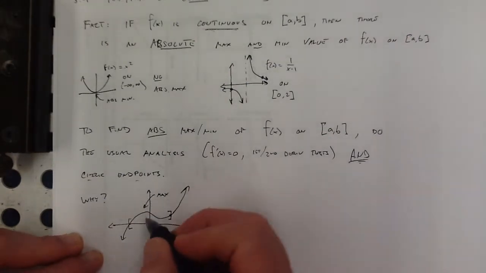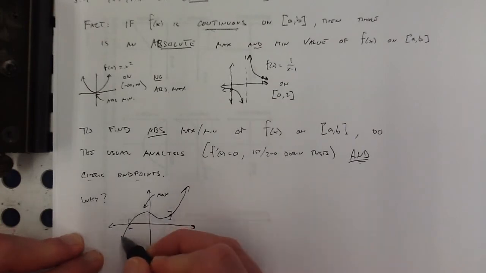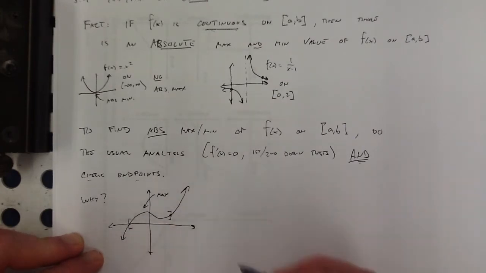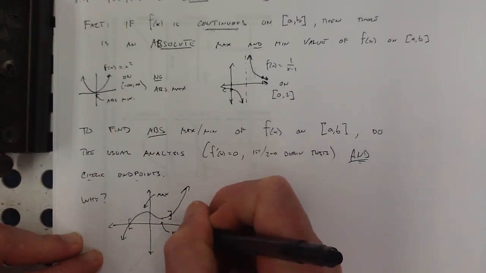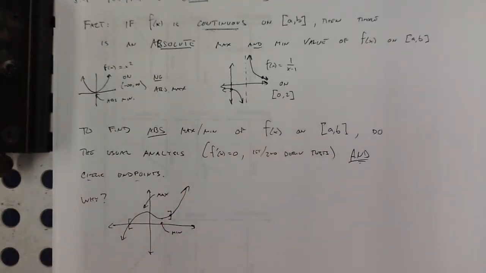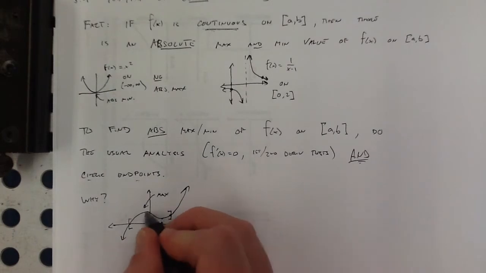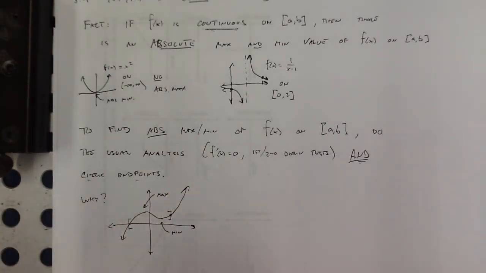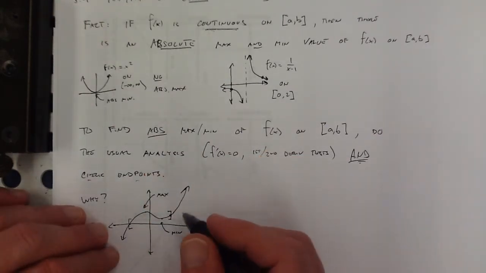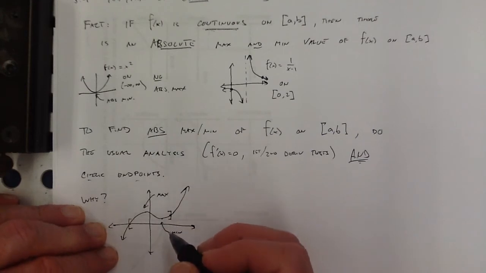Maybe you use the first derivative test and you see that the derivative is going from positive to negative, and you're like, oh, so that's a maximum. Yep, you're right. And this is a minimum. But if we're looking for the absolute maximum, that means the very highest value, and the absolute minimum, the very lowest value that the function attains on that interval.